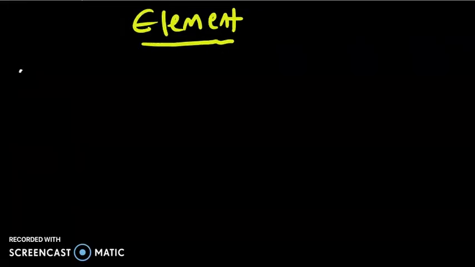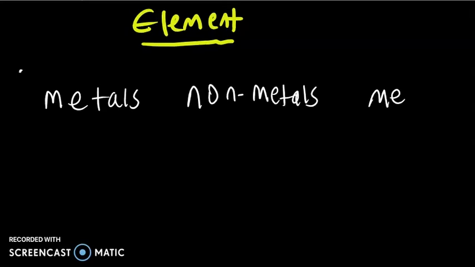So far in the world, we know of over 100 elements, and out of those, 92 occur naturally. Elements can also be divided into metals, non-metals, and metalloids, or semi-metals, on the periodic table.